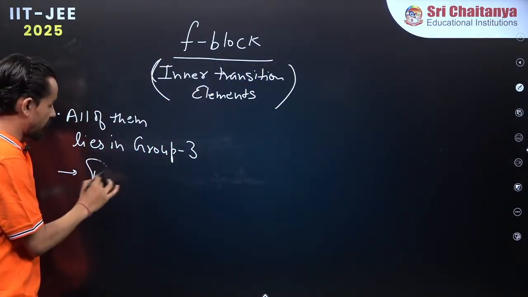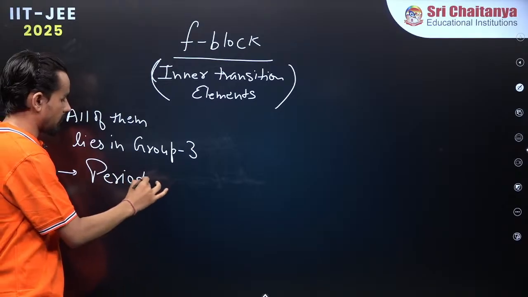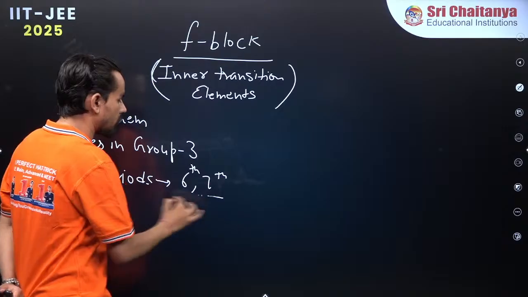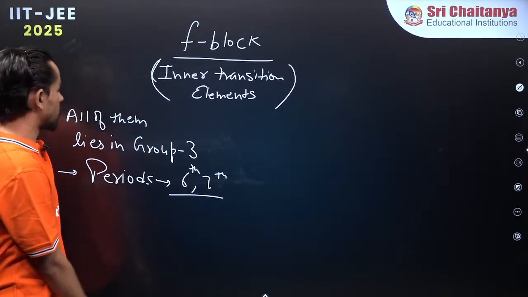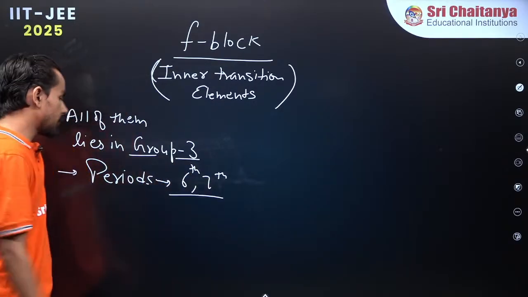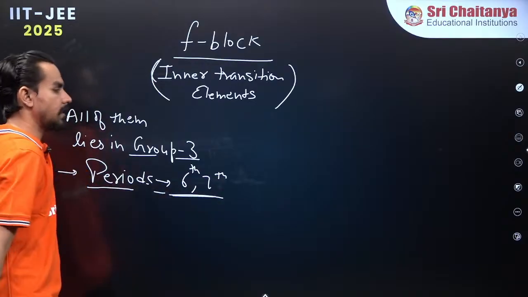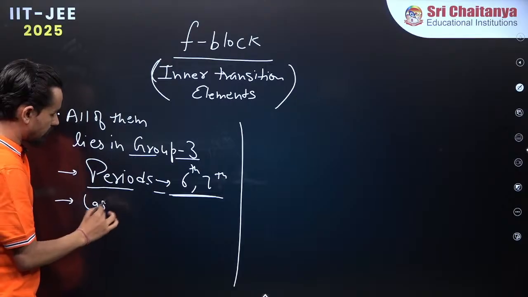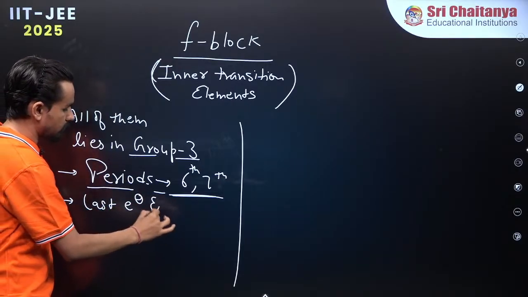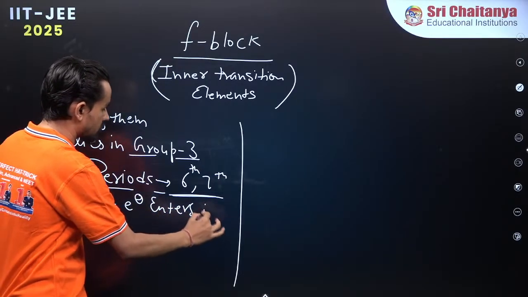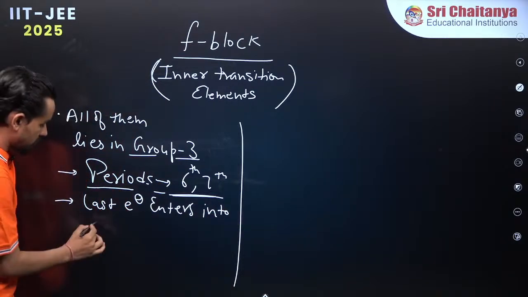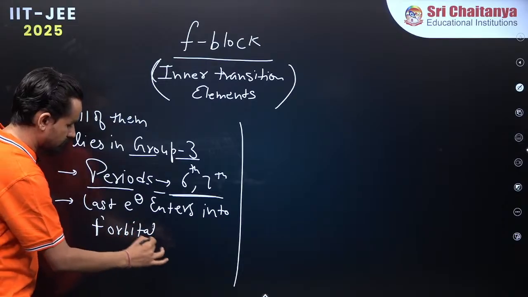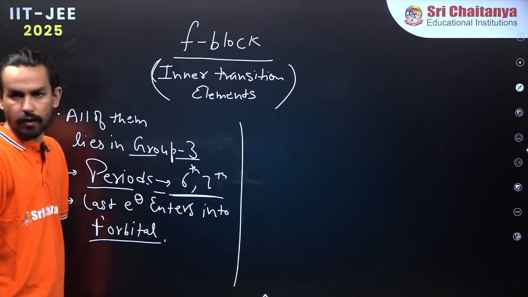In case of periods, they lie in the 6th and 7th period only. There are only 2 periods, 6th and 7th. So in group they are all lying in group 3, and in terms of periods they are 6th and 7th. One more thing, in them the last electron enters into the f orbital.